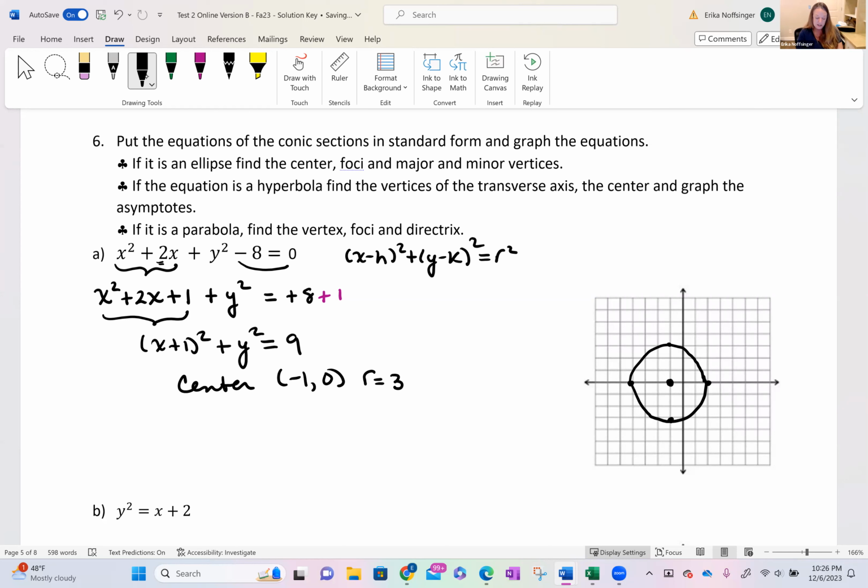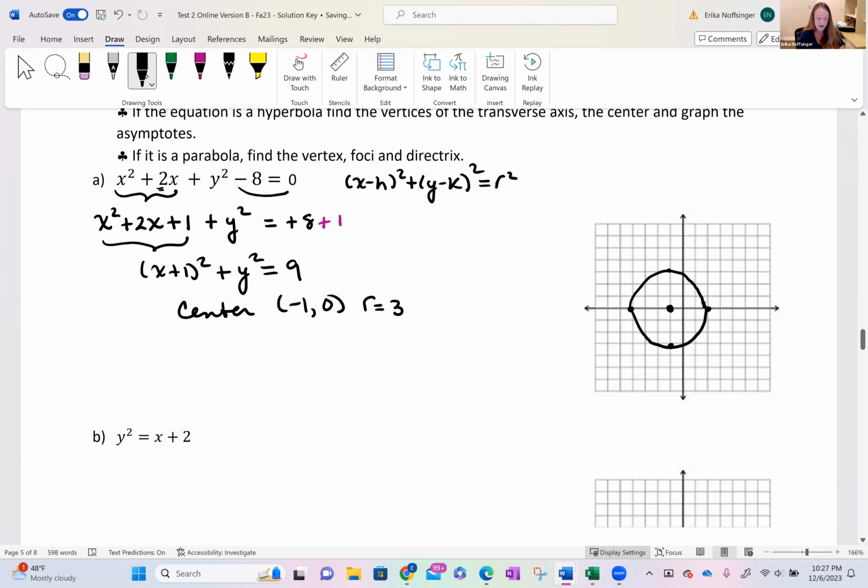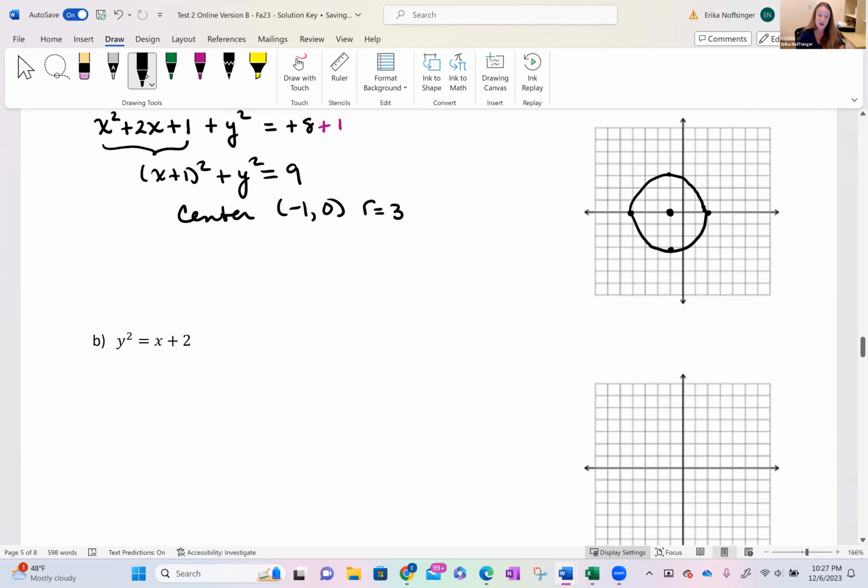The next equation is y squared equals x plus 2. Looking at this, I only have the variable y that is squared and not x, so this tells me that I have a parabola. Parabolas, we saw the form y minus k quantity squared equals 4p all times x minus h.